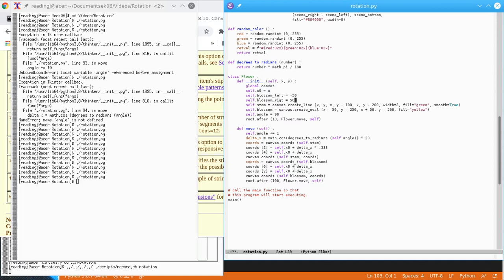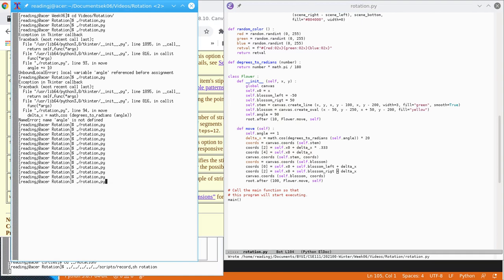And so now this is minus self dot blossom left, since I made it negative, that has to be a plus, right? Yes. And this is plus self dot blossom right. Let's see if that works.